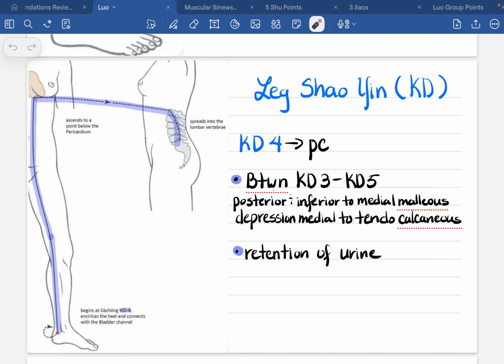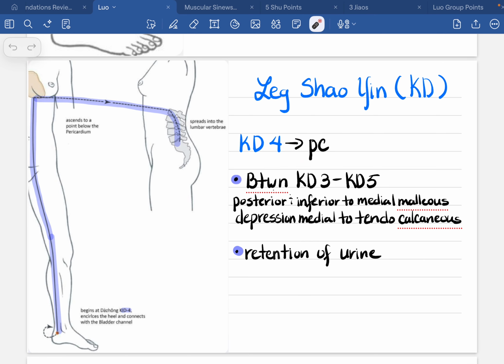And what does it address? It addresses the retention of urine. You have to also see that it not only goes to the pericardium, by the way, it actually spreads to the lumbar vertebrae. So just remember this, even though it's not written here, because when we look at the book, it actually says that it goes to PC and lumbar vertebrae, but usually we say it's the PC.